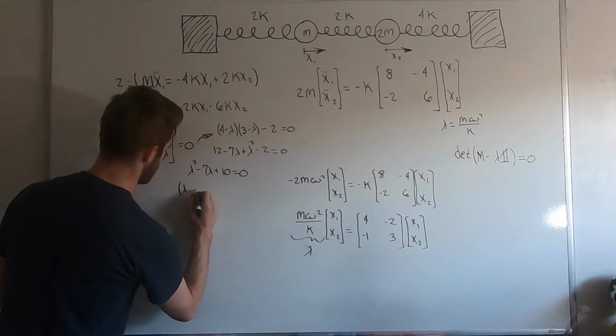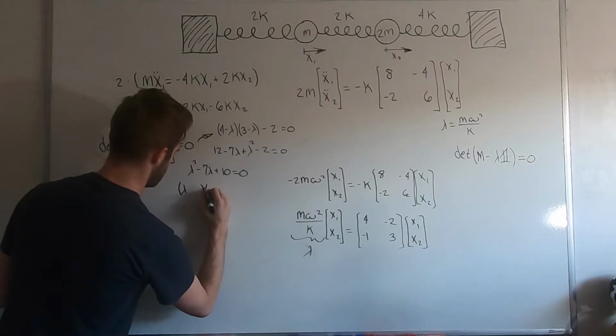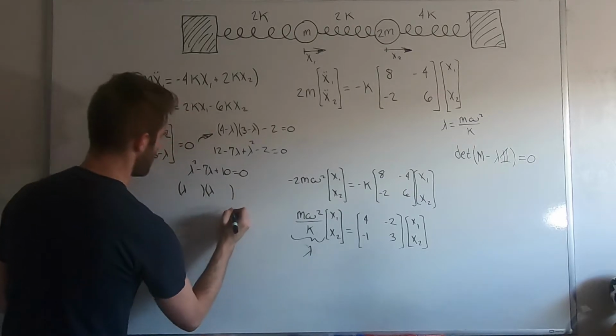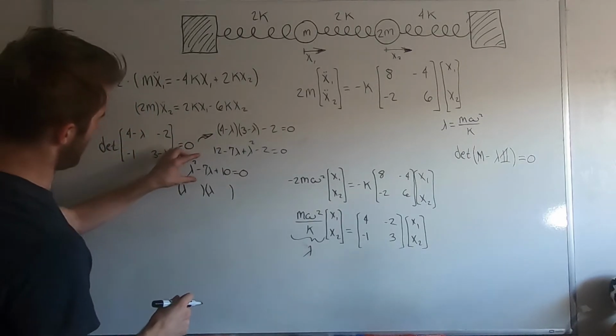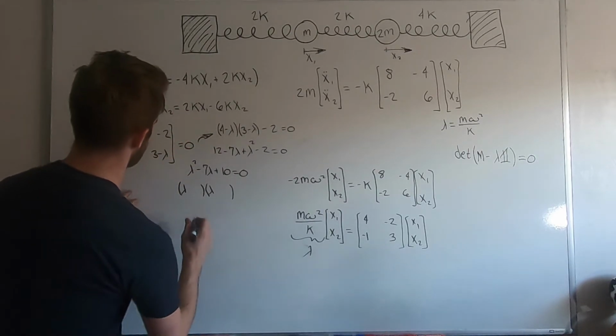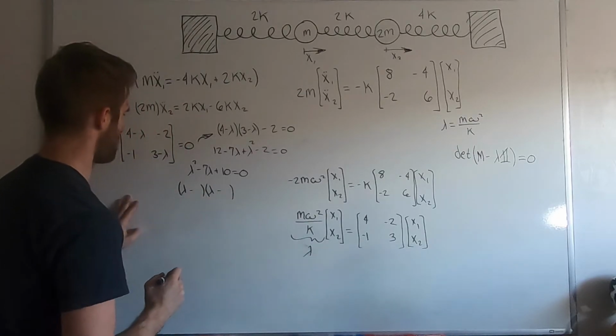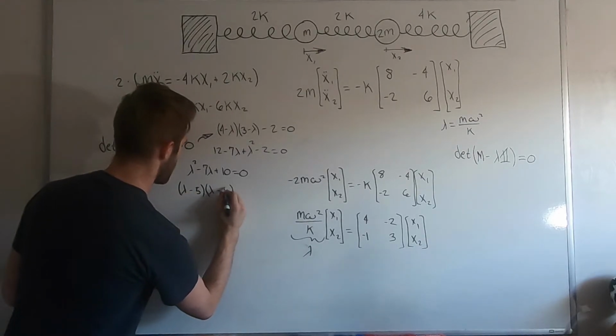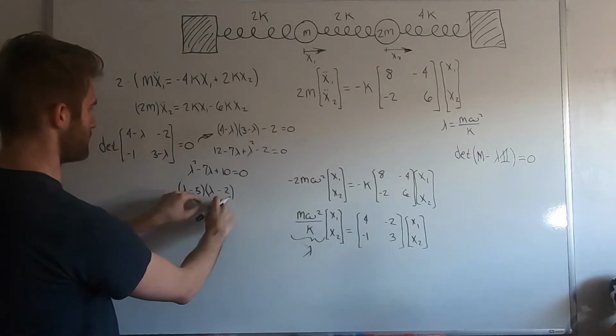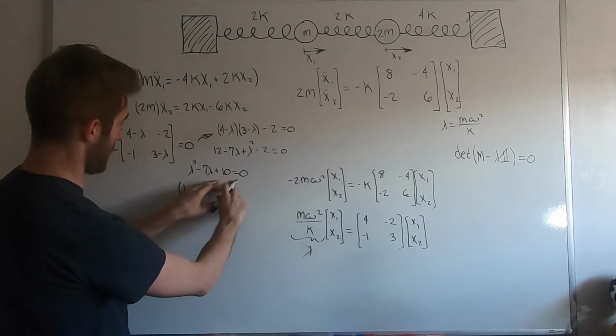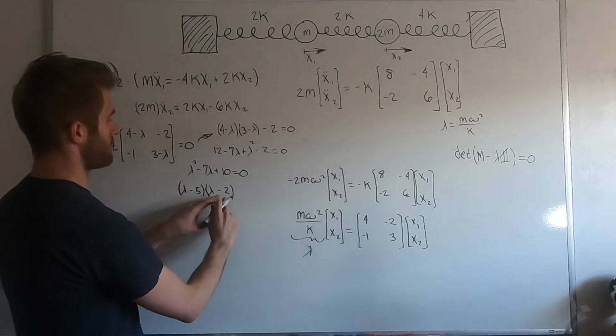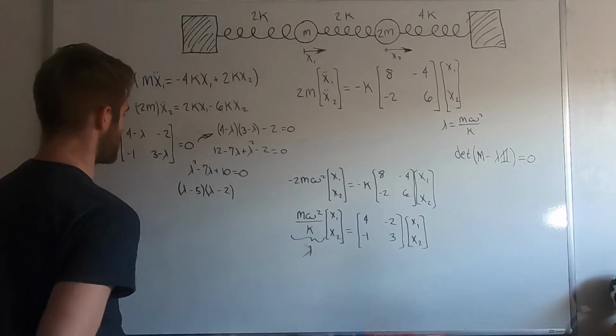We're going to have lambda something and lambda something. If we want them to add up to negative 7, we're going to have negative 5 and negative 2. Negative 5 times negative 2 is 10, and negative 5 plus negative 2 is negative 7.